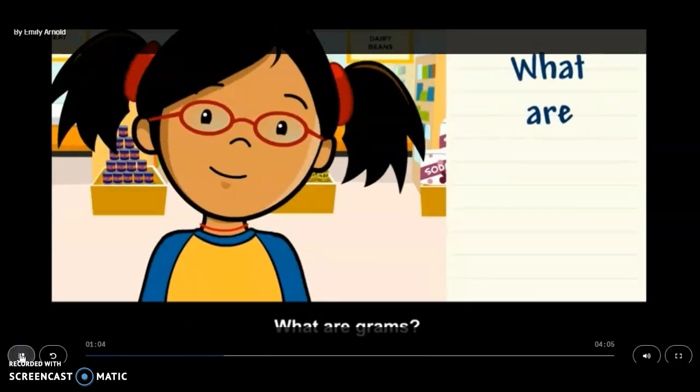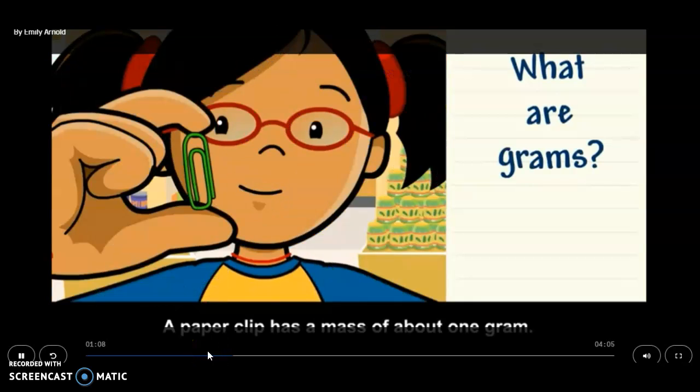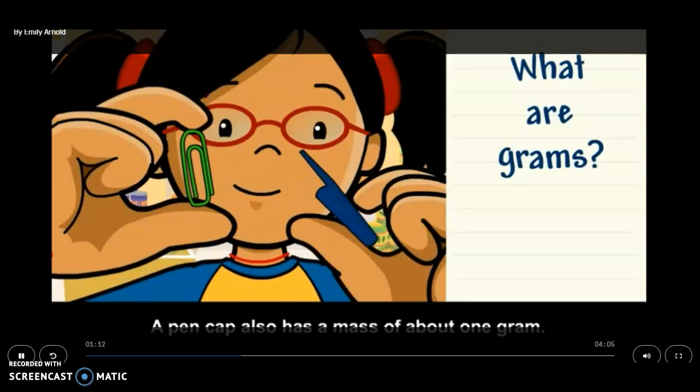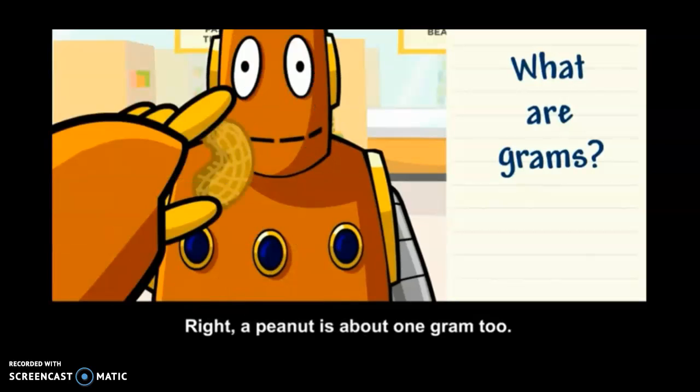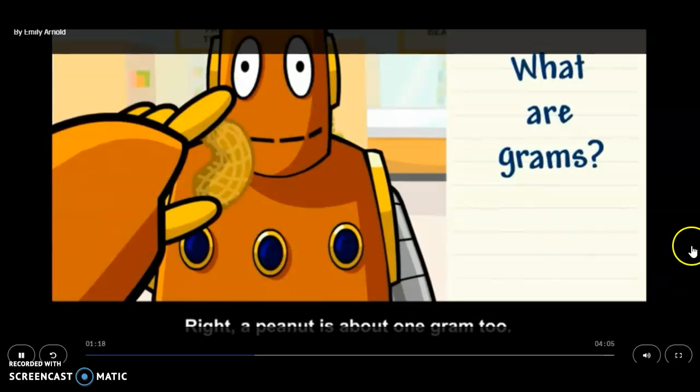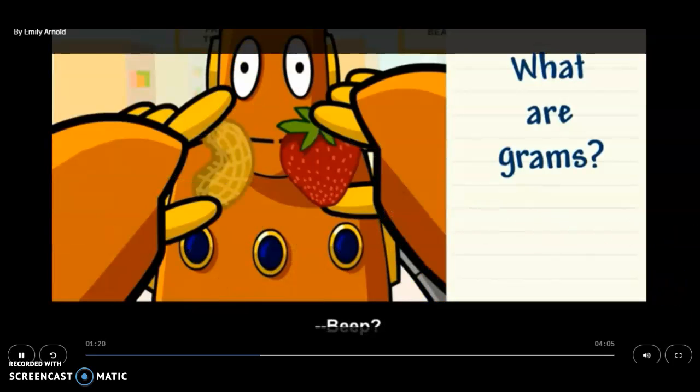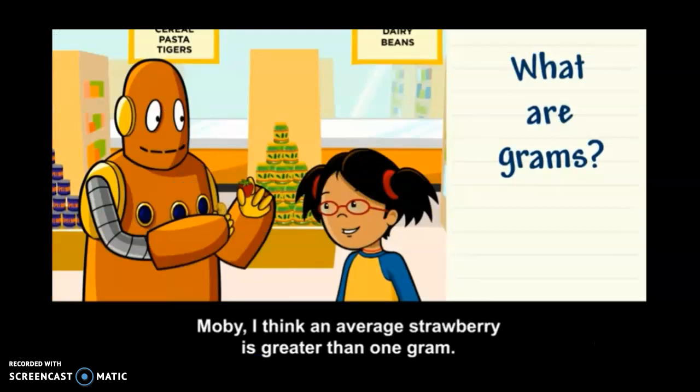What are grams? A paper clip has a mass of about 1 gram. A pen cap also has a mass of about 1 gram. A peanut is about 1 gram too. Moby, I think an average strawberry is greater than 1 gram.